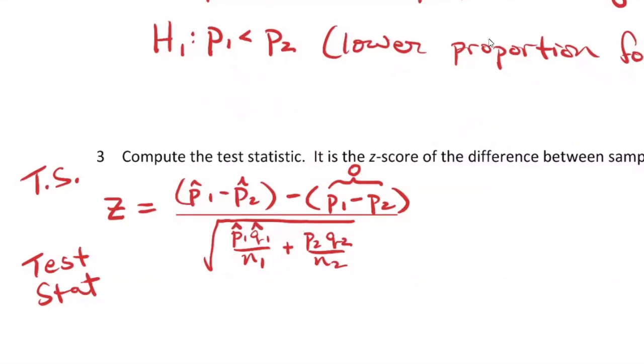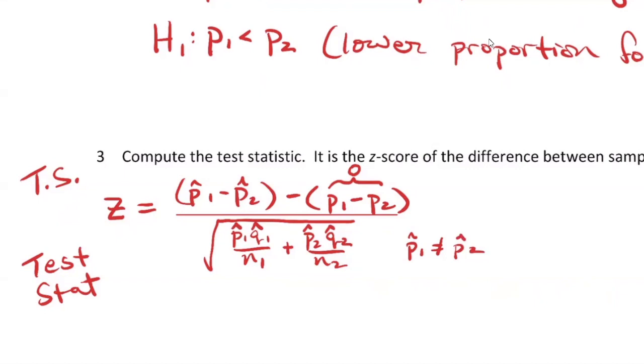Same thing with the other sample, P hat 2 and Q hat 2. So that's a step closer. We're using sample data to estimate the population data so that we can get our standard error in the denominator, which is great, except there's one problem. P hat 1 is not going to be equal to P hat 2, okay?